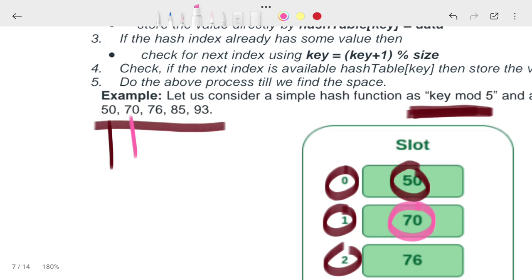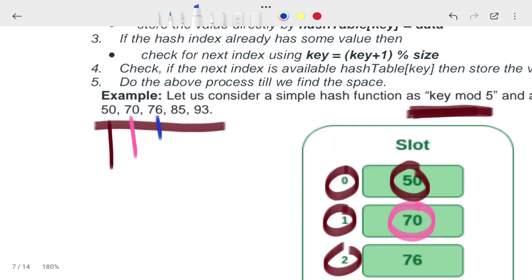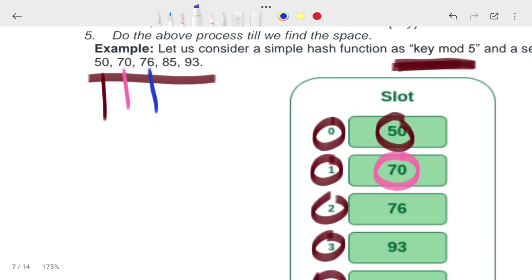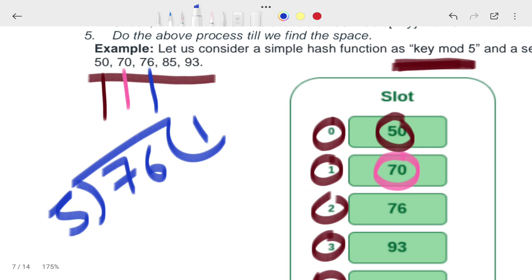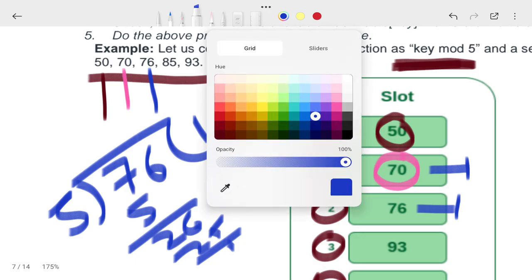Now what will I do with 76? 76 divided by 5: 5 5s are 25, 76 minus 75 is 1. So add 1, and there is already data, so 76 will come next. What is the probe value? The probe value is 2. Done.